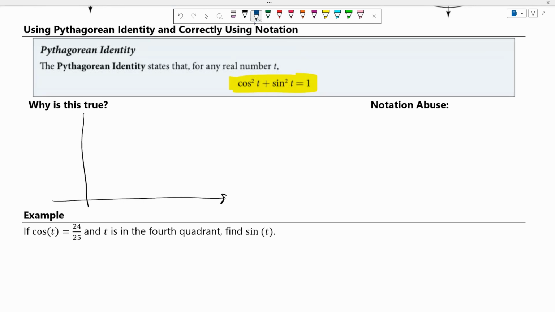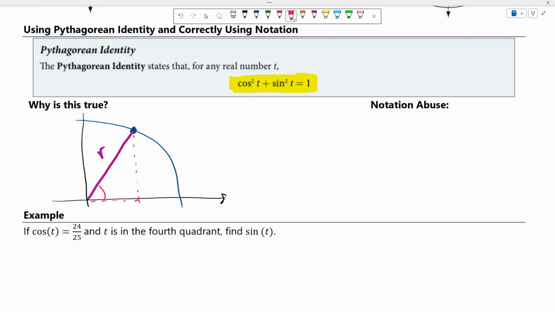Suppose I have my circle. And we know, for example, I can choose a point that is going to be on a radius r. So here's my r. We know that there are two components.